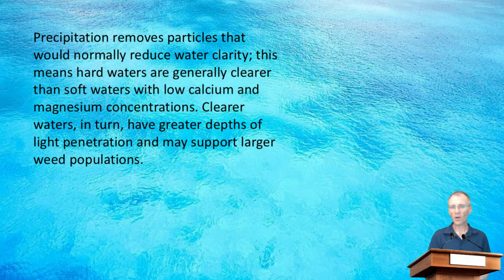Precipitation removes particles that would normally reduce water clarity. This means hard waters are generally clearer than soft waters with low calcium and magnesium concentrations. Clear waters, in turn, have greater depths of light penetration and may support larger weed populations.